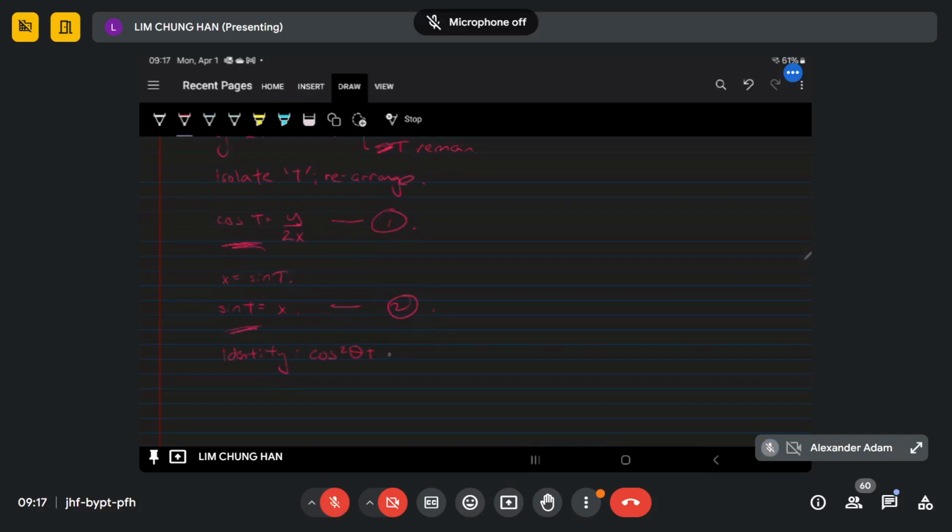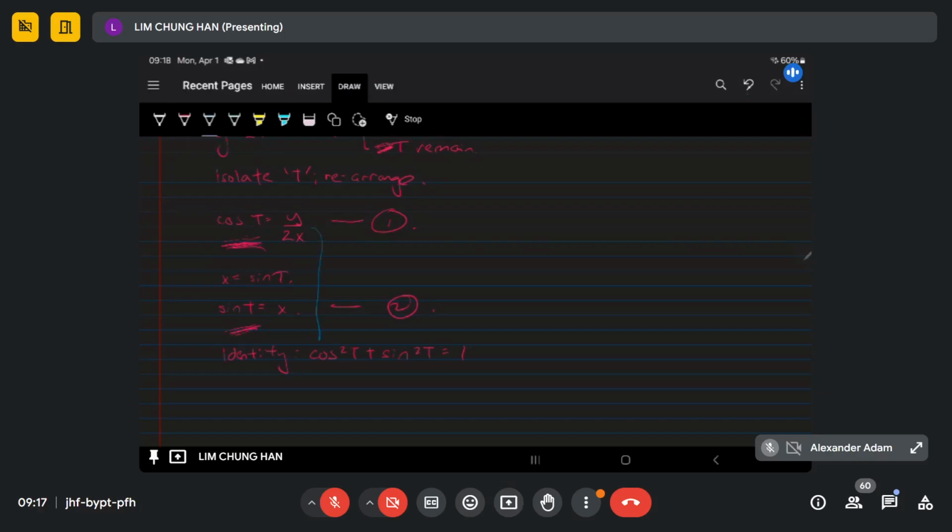Yes, correct, very good. Cos squared theta plus sine squared theta equals 1, except now it's t, not theta. Cos squared t plus sine squared t is equal to 1. We can use this identity to combine the two, because you have cos t and sine t. So you substitute equation 1 and equation 2.